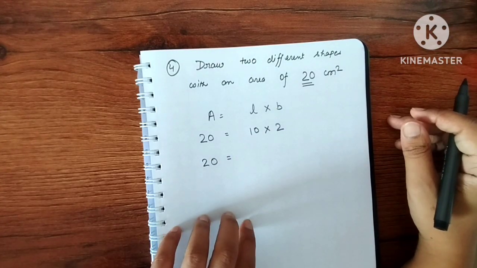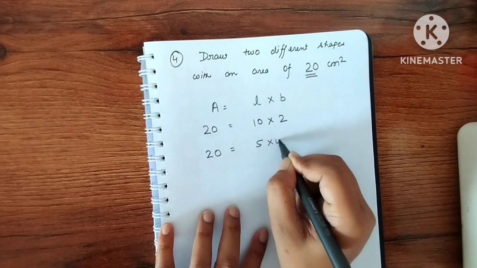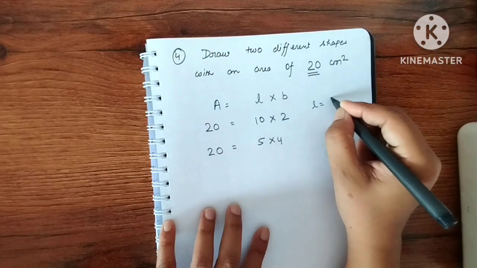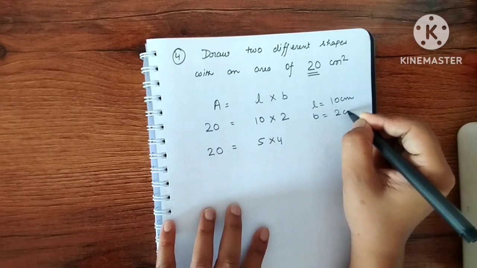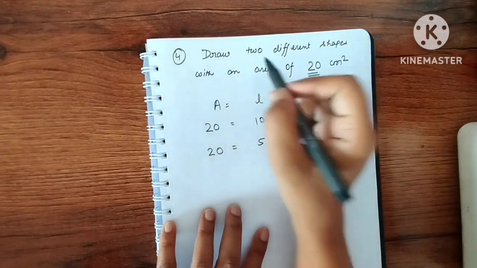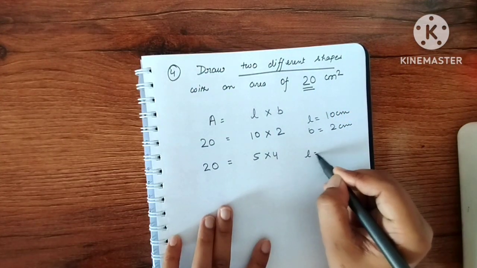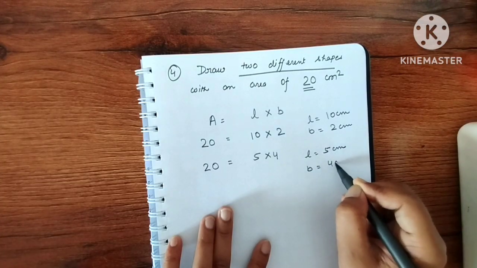Give me some other number. 5 4s are 20. So for the first shape, my L is 10 centimeter and my B is 2 centimeter, because you need to draw 2 different shapes. Now for the second shape, L is 5 centimeter and B is 4 centimeter.